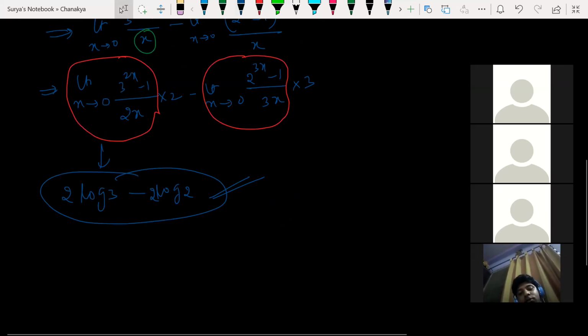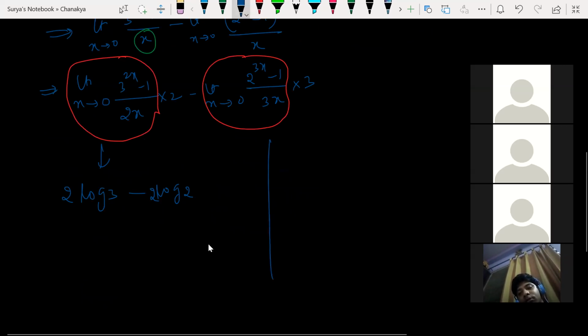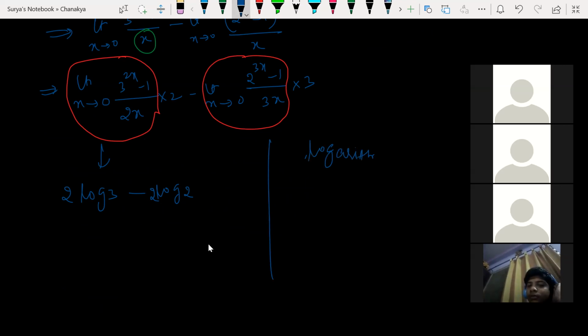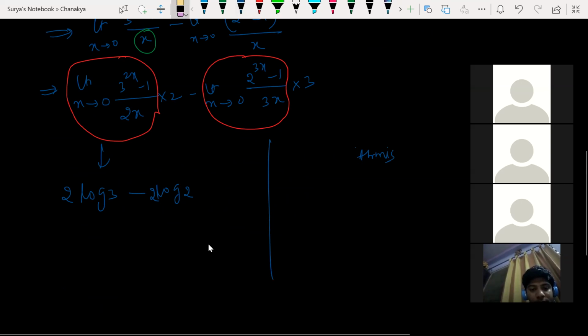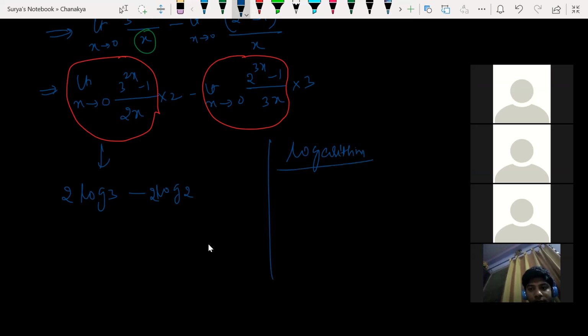Any doubts here? So guys, now how many of you know that in logarithms, guys, in logarithms, the formula log a by b gives me log a minus log b.